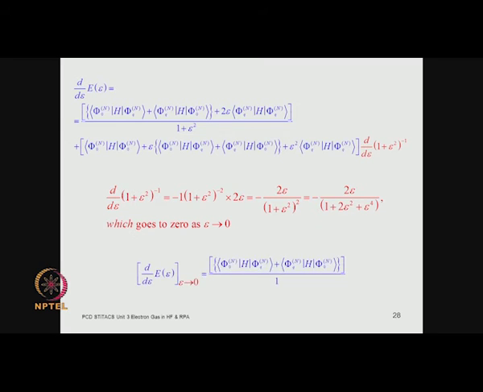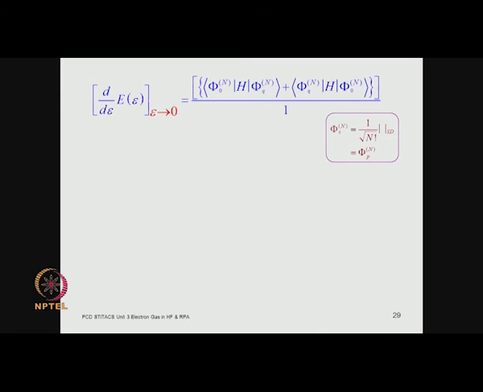So, let us plug it in, and you can see that after you insert all the terms and take the limit epsilon going to 0, you get just these two terms, but we already know what this result is. What is it? This phi 0 is the same state as phi p, and this is the matrix element of the Hamiltonian between two Slater determinantal wave functions, one of which is phi p, the other is phi q.